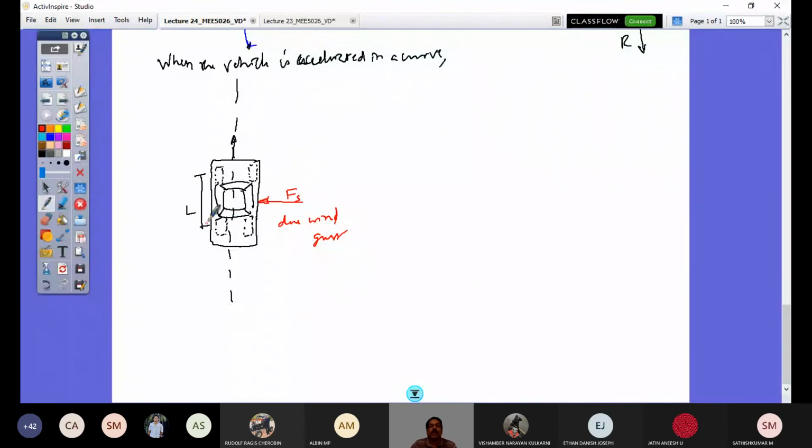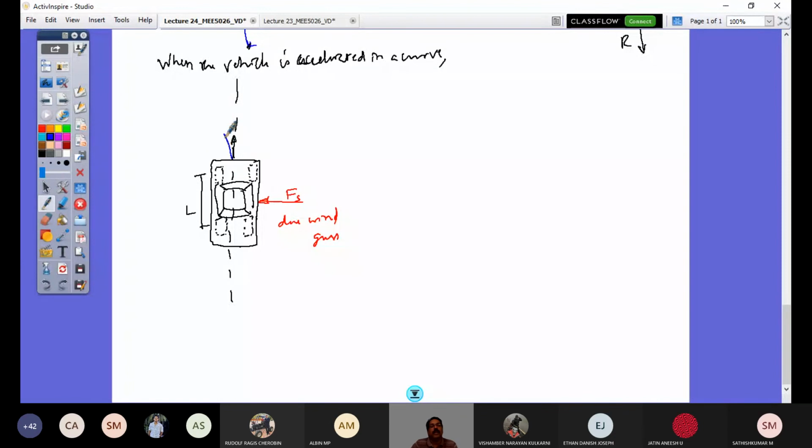If this happens to be a neutral steer vehicle, the slip angles developed at the front axle and rear axle wheels are the same. For the side force, the vehicle goes on a straight path. The direction of motion would be slightly at an angle to this path, and it goes in a straight line, but with some angle.